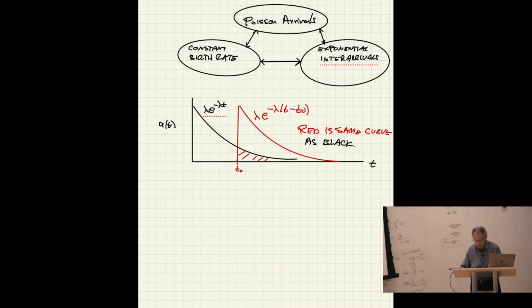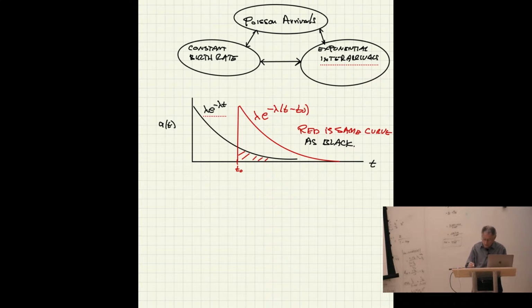Another way to say that is the tail of an exponential looks exactly like the whole exponential. And it's the only continuous function with that property. It's a unique function. In fact, it may remind you that way back when we studied linear time invariant systems, exponentials appeared as the eigenfunction of the system. It's not unrelated to this fact, by the way.